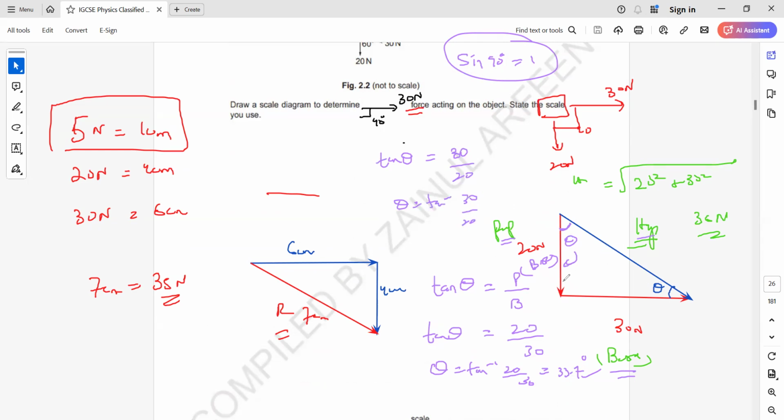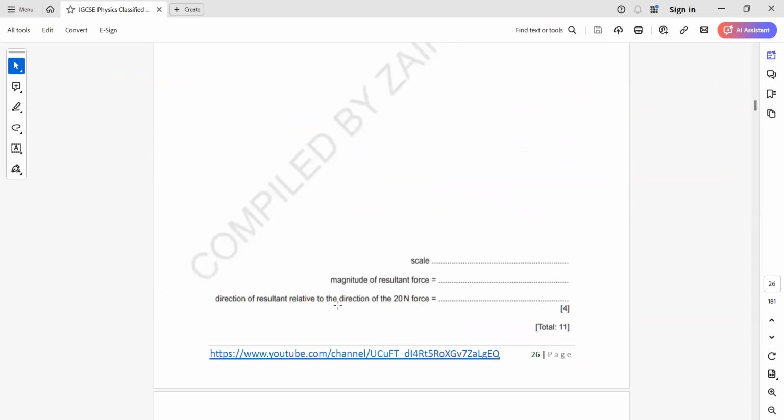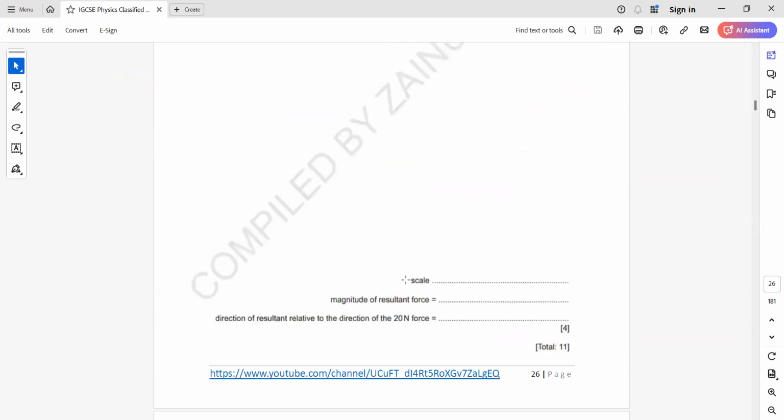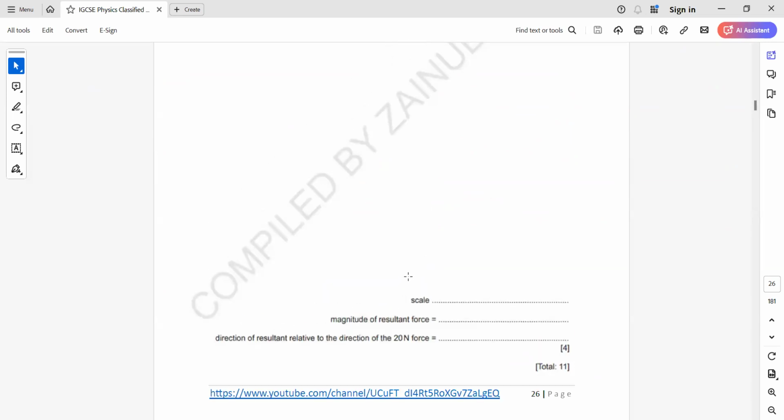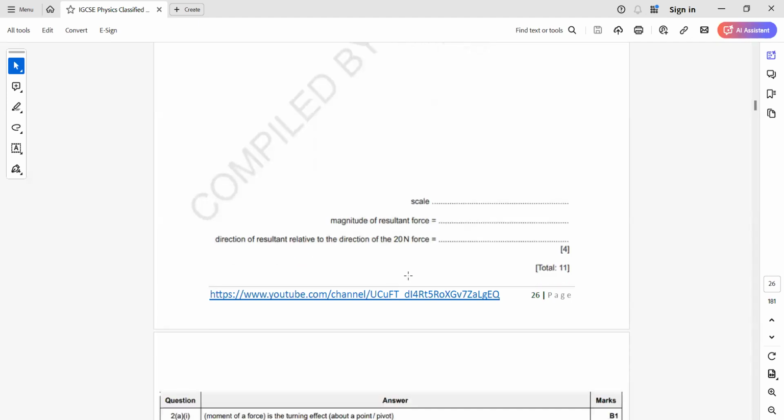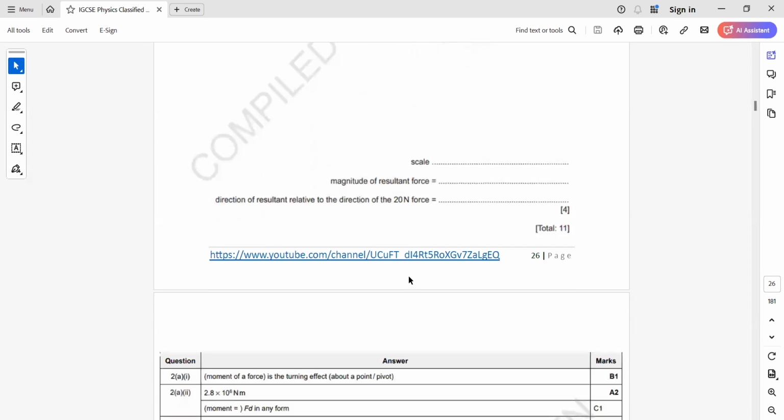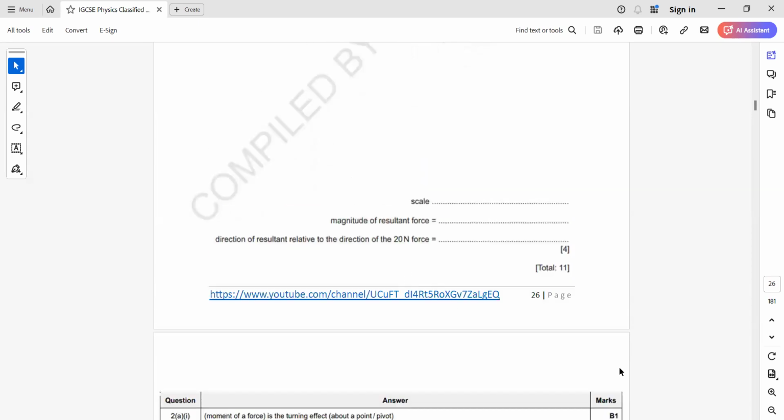Or you can also do 180 minus 90 minus 33.7 to get this angle, because the total sum of the angles should be 90. In the last part of the question, the direction relative to the 20 means: with reference to the 20, what is the direction or angle? In physics, the angle refers to direction. Is it clear?